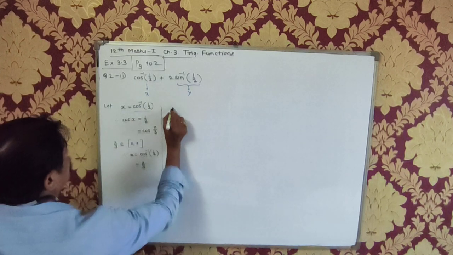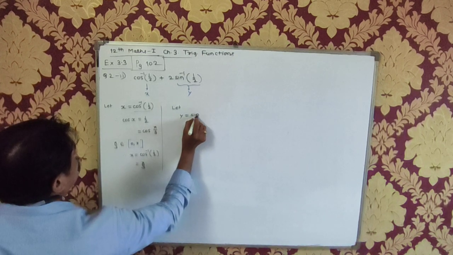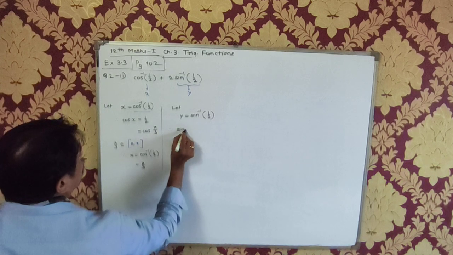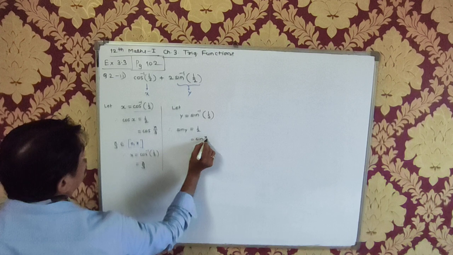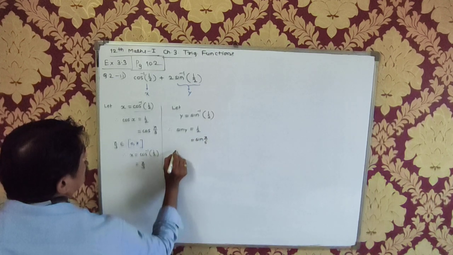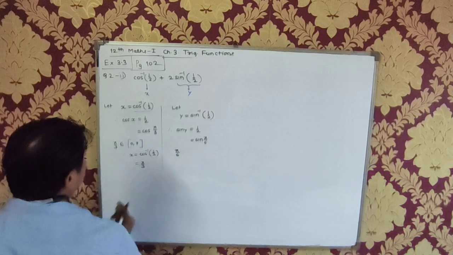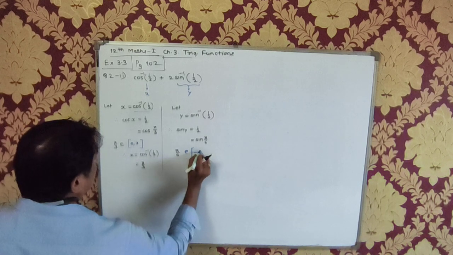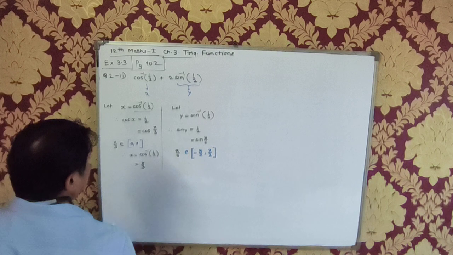Similarly, let y is equal to sine inverse of half. Therefore, sine y is equal to half, that is equal to sine of pi by 6. And y, that is pi by 6, belongs to the principal value branch of the sine inverse function, which is minus pi by 2 to plus pi by 2.